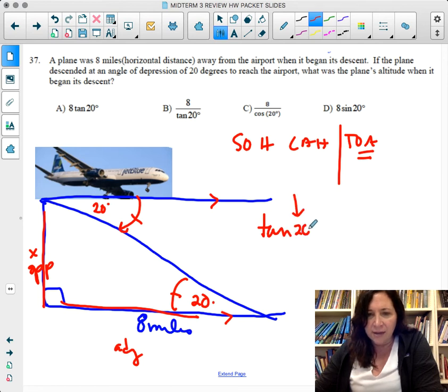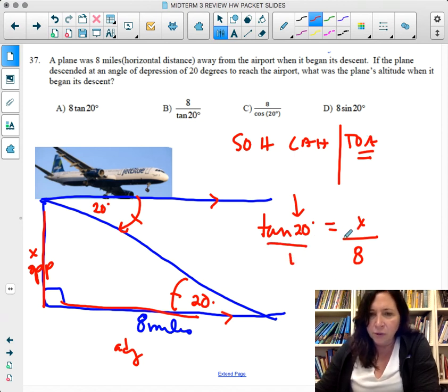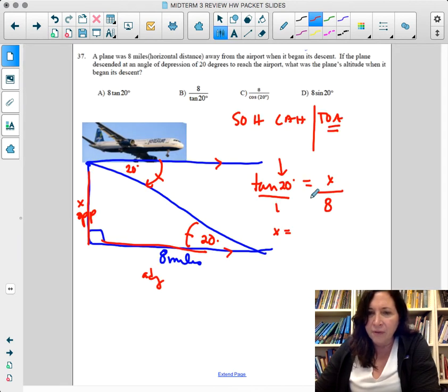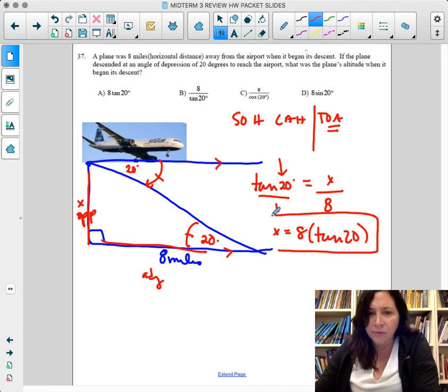So tangent of the angle is equal to opposite over adjacent. And again, this is not going to show up here because what you need to do is make it calculator ready. So you're going to cross multiply. So x times 1 is x is equal to 8 times tangent of 20. And so that value is my answer. Where is that going to be?